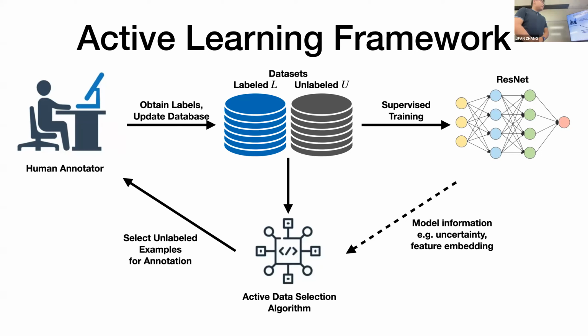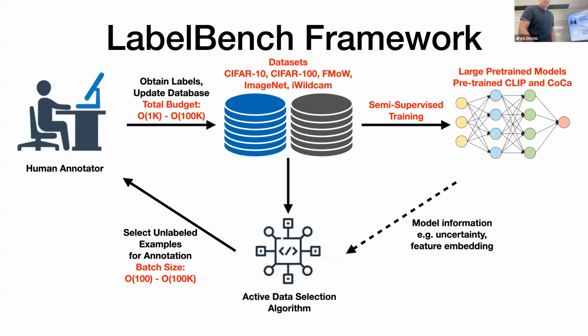So we look at this framework and we see that it's using supervised training, but you have both labeled and unlabeled data. So why don't we use semi-supervised training there? And you usually have ResNet. Why don't you use large pre-trained models and just fine-tune those? So basically, in LabelBench, we changed those parts of the active learning framework.